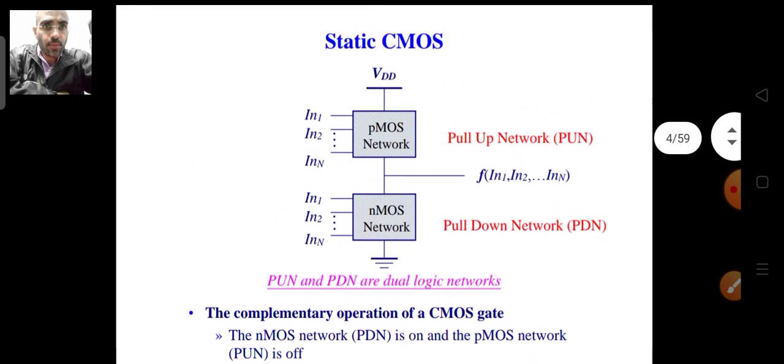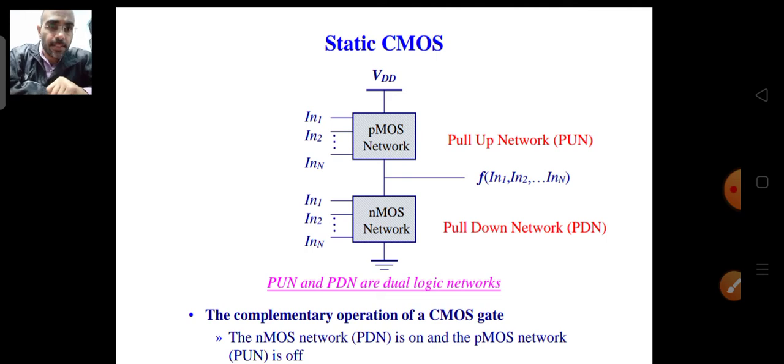Static CMOS circuits are circuits like this, which have a pull-up network and a pull-down network. Each network will have some inputs, and when you take the output from the drain connections of these two networks, the PMOS and the NMOS networks, you get the output, and that output is dependent upon the present inputs only.